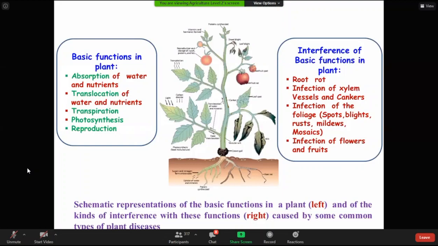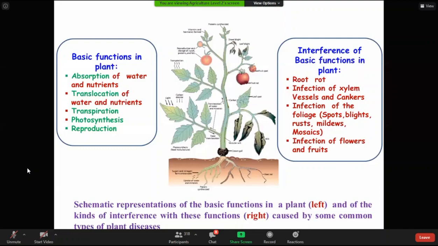Basically, what is the pathogen doing? On the right side, you will see the infection by the pathogens. For example, root rotten, xylem vessel affected, foliage affected, flowers and fruits affected. What will be the impact on plant physiology? Absorption of water and nutrients is affected if the root is infected.